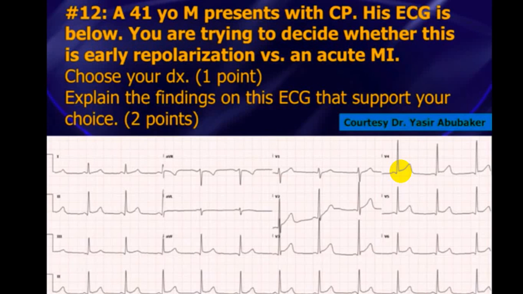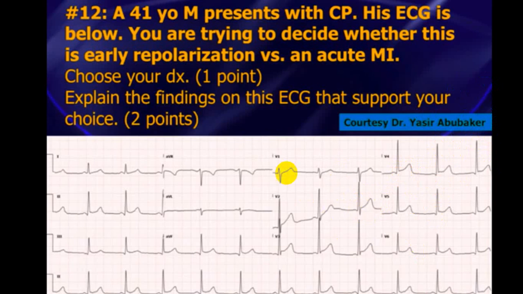So J point identification is very important, and once you identify a J point, you have to mention two things, whether you can see S wave. Now if you look here in V2, you can see a small S wave. There is S wave. So this is of importance.